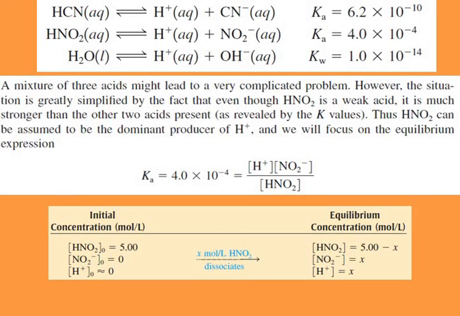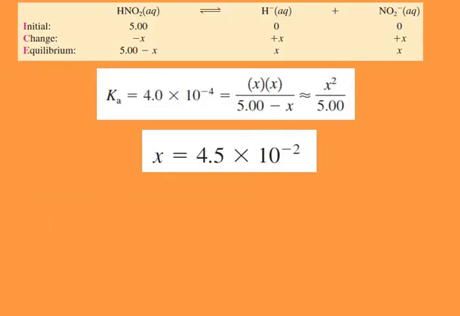For proton it's 0 plus X, which is X, and for nitrite it's 0 plus X, which is just X.